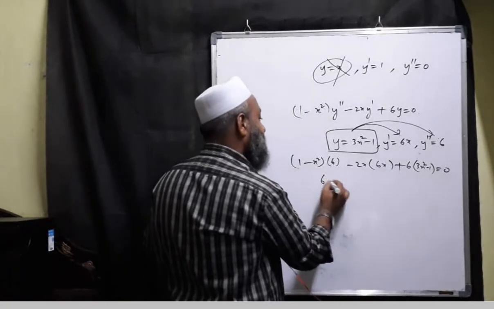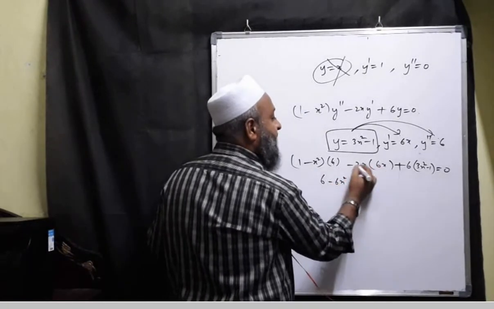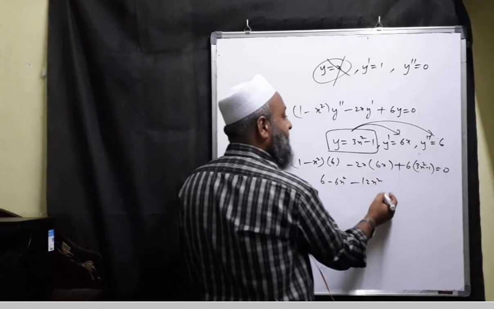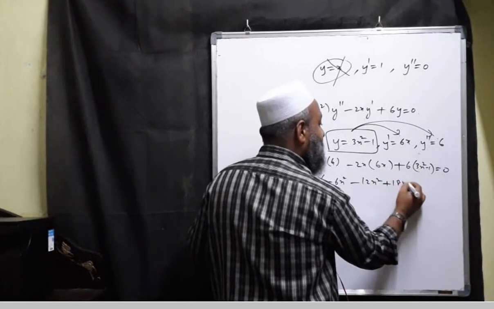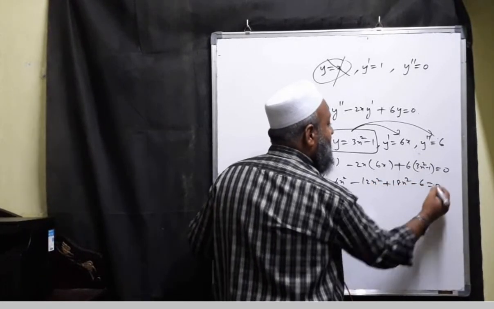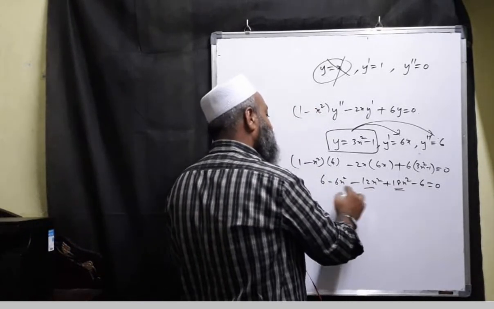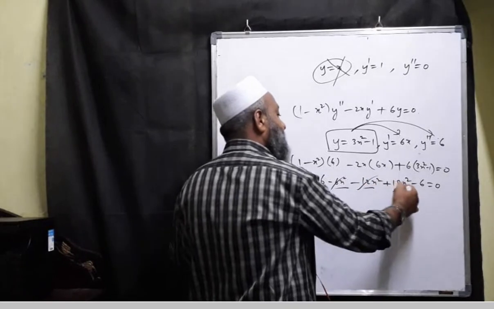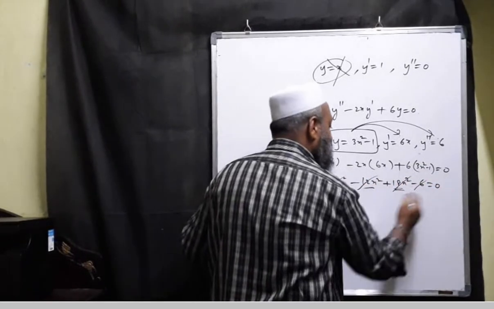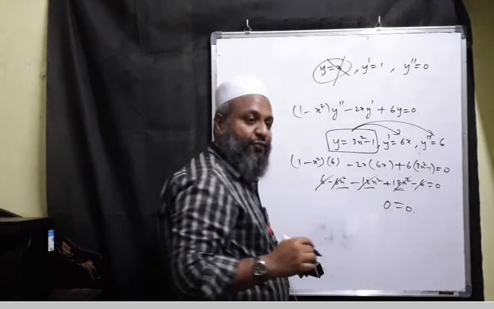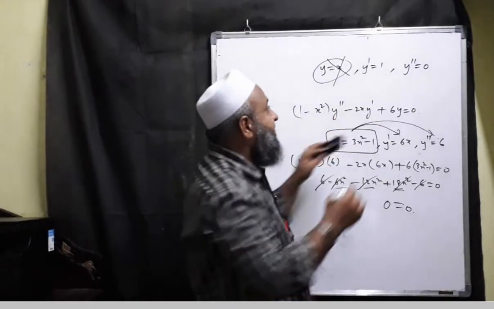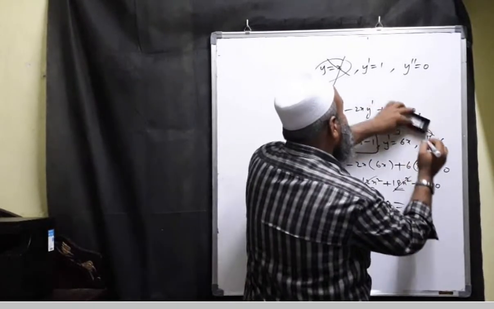So it is 6 minus 6x square minus 12x square plus 18x square minus 6 equal to 0. Now this 18x square will get cancelled with the 6x square and 12x square, and the 6 will get cancelled with the minus 6. So I will get a 0.